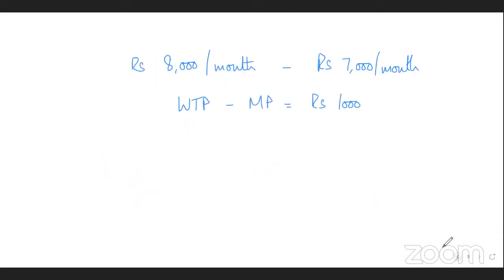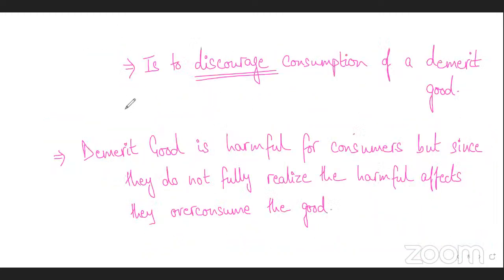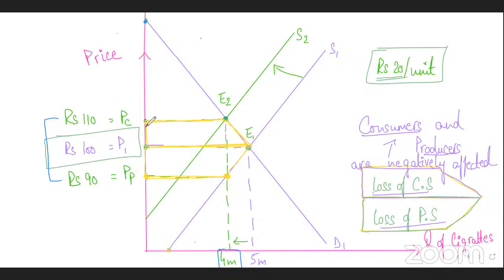Confusion? Now, if we look at it on the graph, per unit is this amount, the distance between these two. And what's the new quantity? The new quantity is this much. You can see 4 million, right? Yes or no? So the area of this rectangle is your amount of revenue that the government will collect.